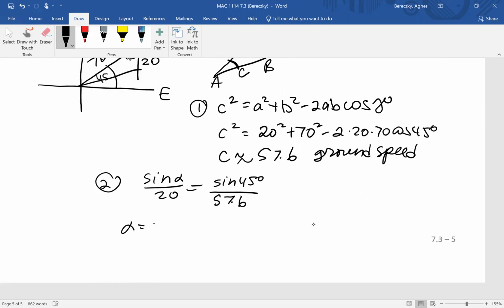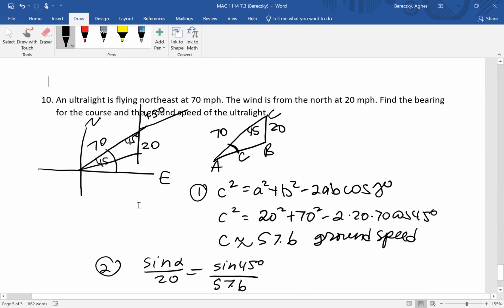So alpha equals sine inverse of 20 times sine of 45 over 57.6. So the angle is about 14.2. Again, that's the drift. So instead of heading directly to northeast, right, it's kind of drifting a little bit because the wind is blowing at the ultralight.